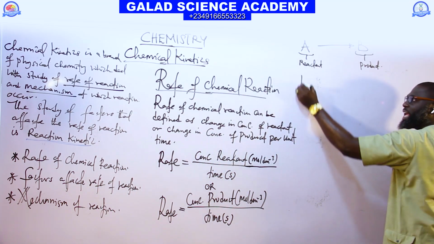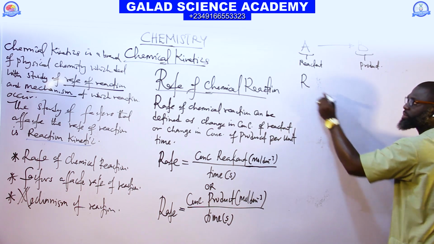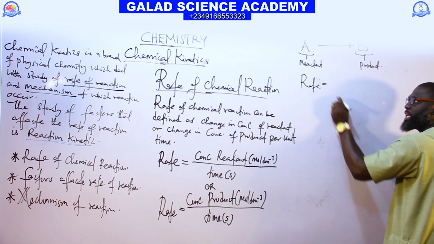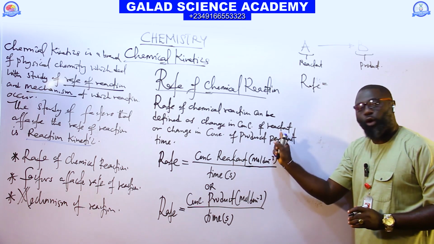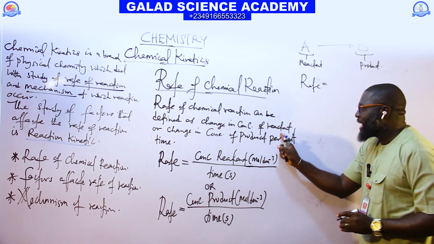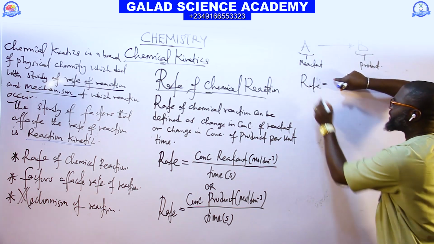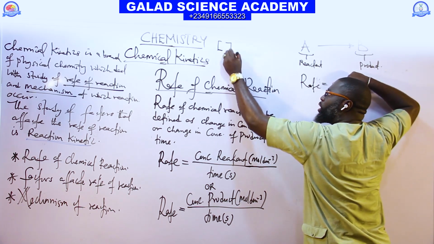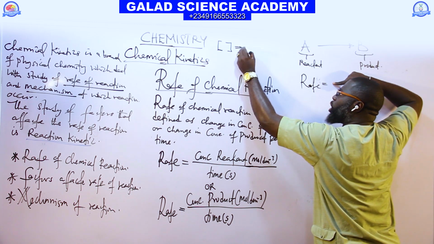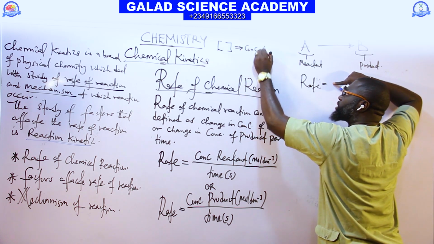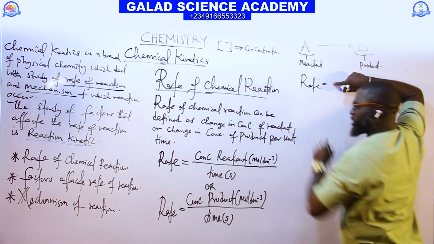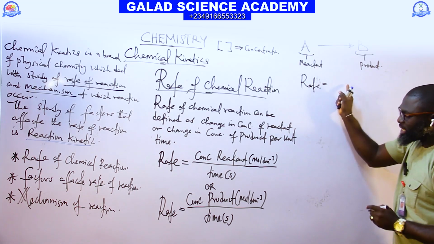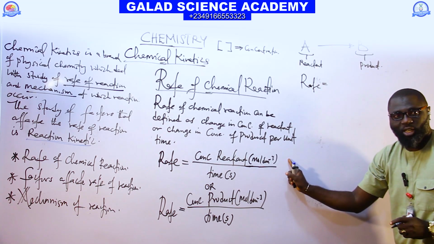Rate is the concentration of reactants over time. In chemistry, we use this symbol to represent concentration.